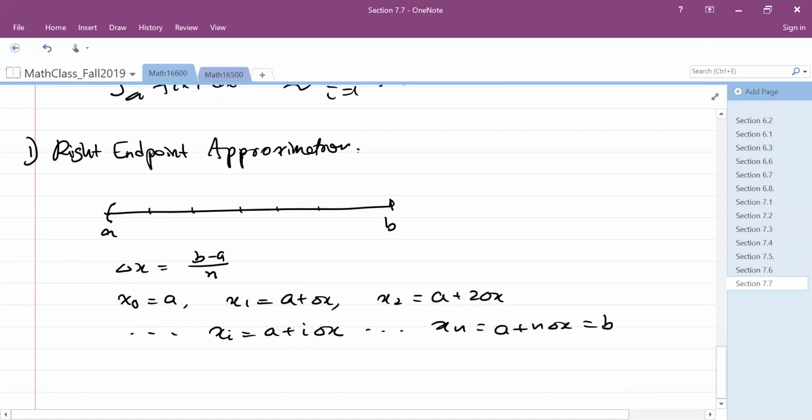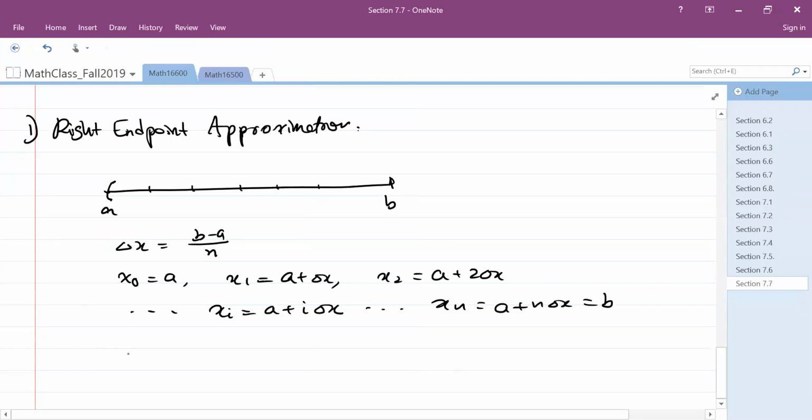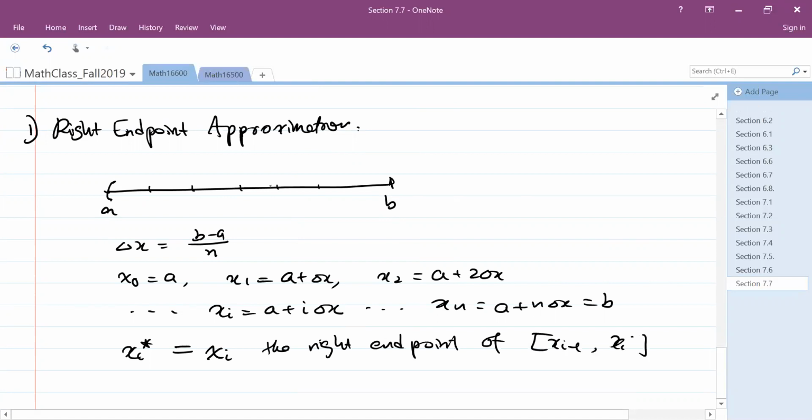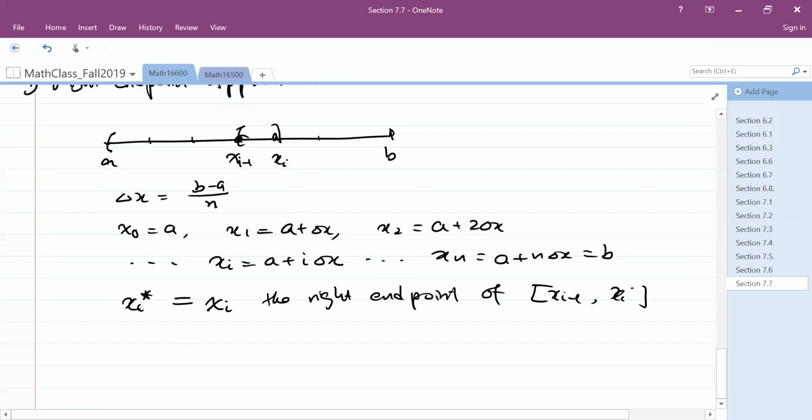All right, so this is a special partition. And then xi star is not an arbitrary point. We are going to use a right end point, which is xi. This is called right end point, the right end point of this interval, xi minus 1 to xi.